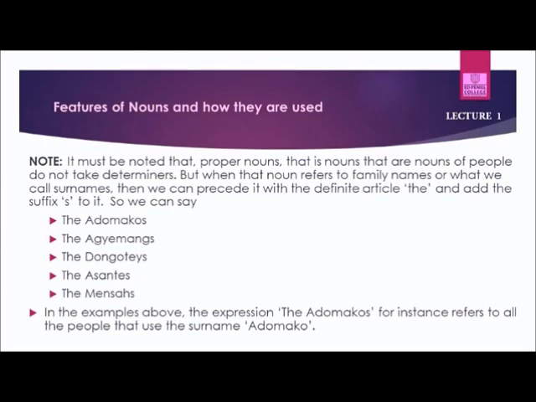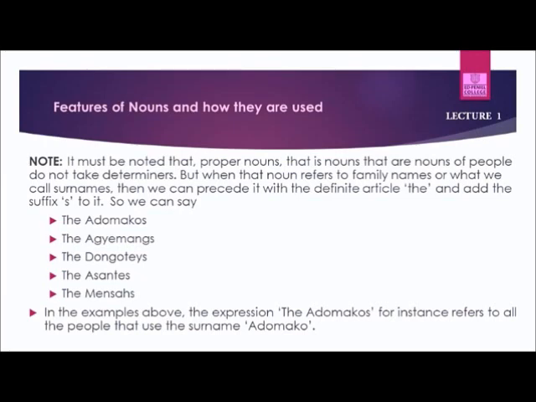You say the Ajimans, which refers to all the people who bear the surname Ajiman. Then we have the Dongoteys, D-O-N-G-O-T-E-Y-S. The S is not an apostrophe, it is just a suffix we are attaching to it. So take note. When you are writing, you are permitted to bring the definite article before a surname to refer to the people in that family.